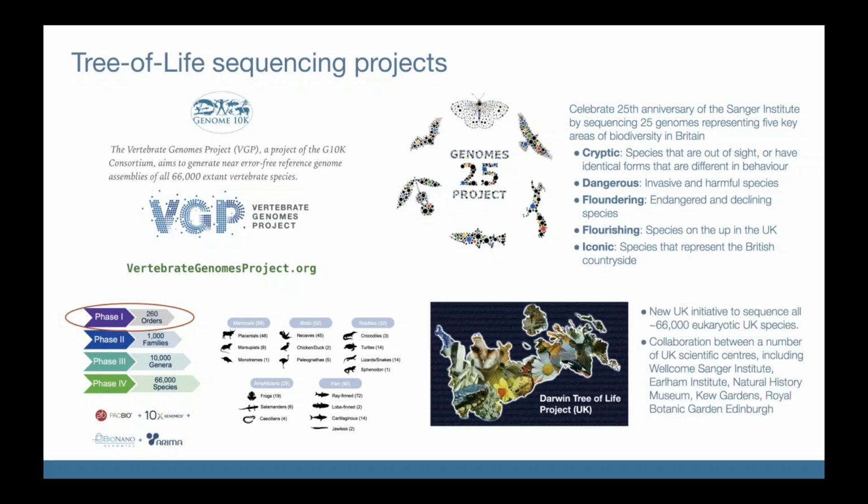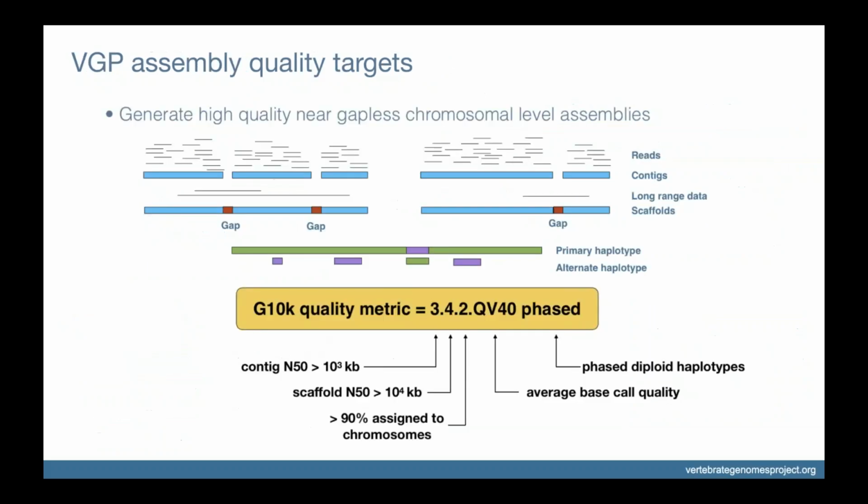That has also led into a larger project, which was announced fairly recently, called the Darwin Tree of Life Project, which is a project to sequence all eukaryotic UK species in the coming years, and that's a collaboration between a number of centres here in the UK.